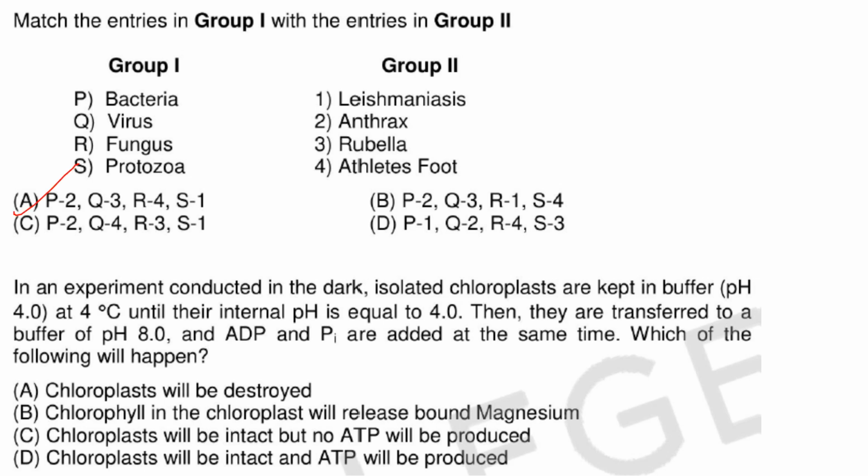Then next one. In an experiment conducted in the dark, isolated chloroplasts are kept in buffer pH 4 at 4 degrees Celsius until their internal pH is equal to 4. So they isolated the chloroplasts, kept them in the dark in a buffer of pH 4 at 4 degrees Celsius, until the internal pH of the chloroplast is also equal to 4.